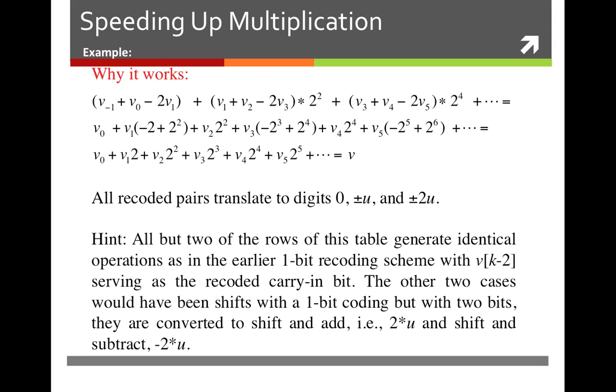Effectively, what we did, we looked at a recoding process as an alternative to multiplying two numbers if we were interested in reducing the number of runs of ones in the multiplier operand.